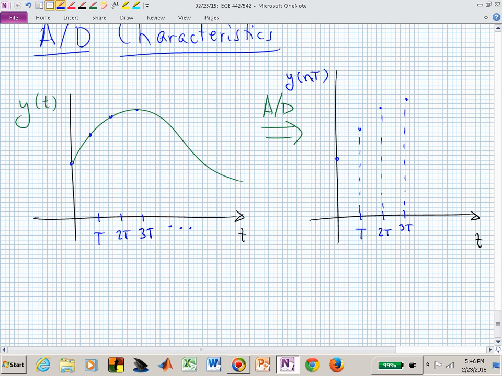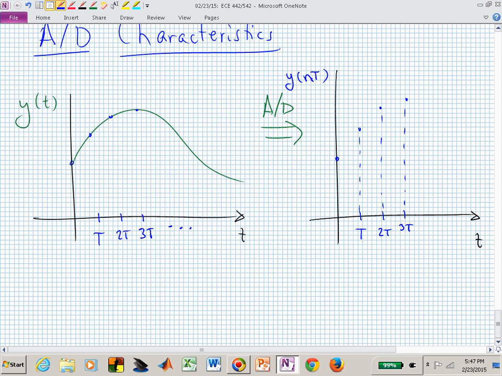We're discretizing the analog waveform. We're just taking a snapshot, aren't we? Are there any dynamics involved in taking that picture at T, 2T, 3T? We're just taking a snapshot and pulling off that number. No dynamics involved. So this is the easy piece.